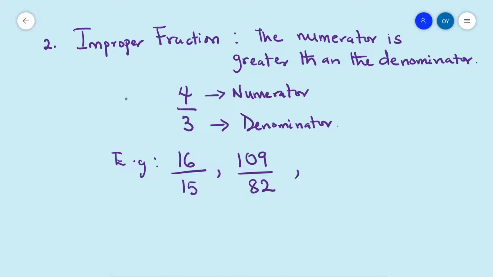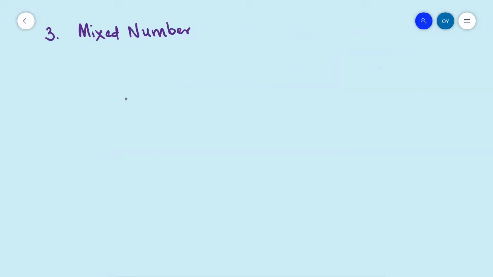Other examples are 16 over 15, 109 over 82, 300 over 173. And we also have 501 over 21. All these are improper fractions.